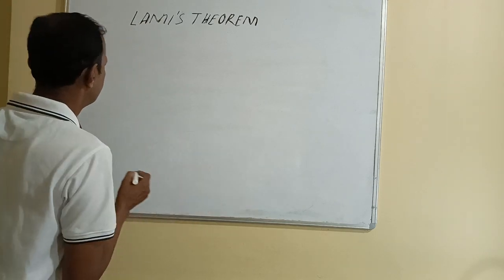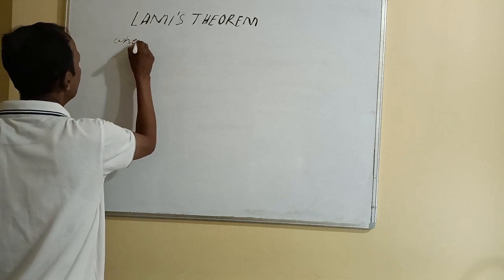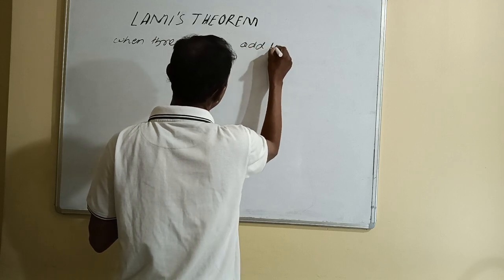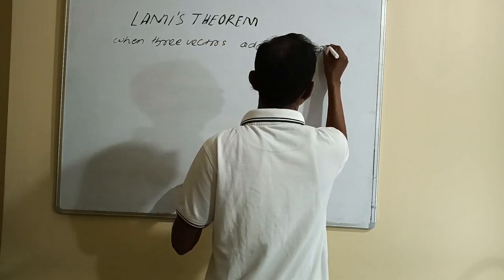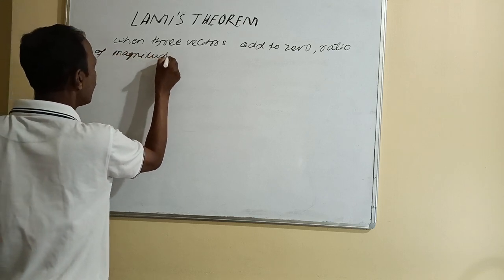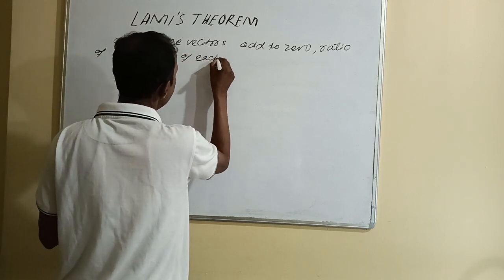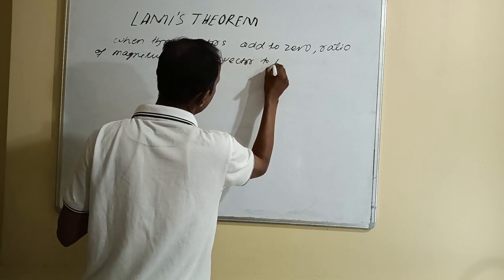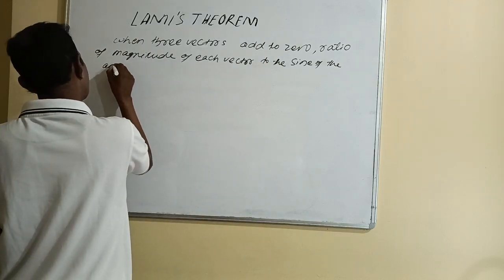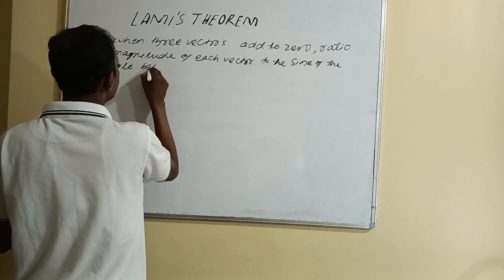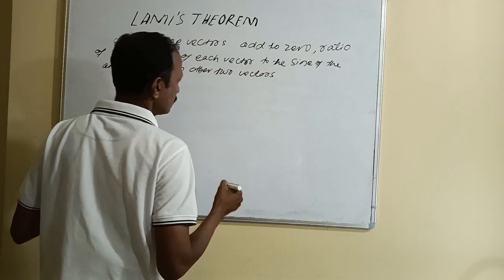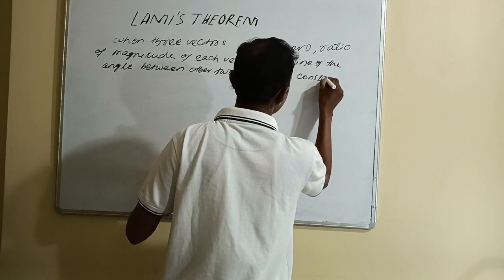It is better I shall write here. See here. When three vectors are added to 0, the ratio of magnitude of each vector to the sine of the angle between the other two vectors is constant.